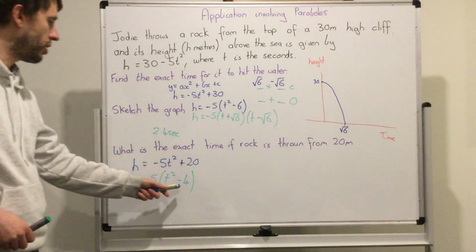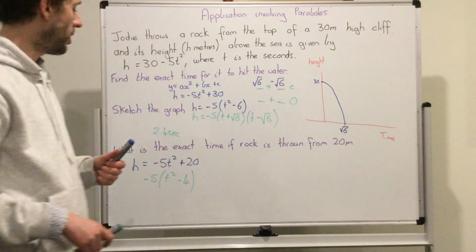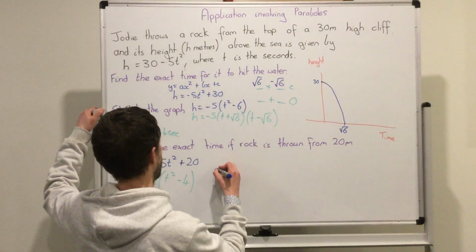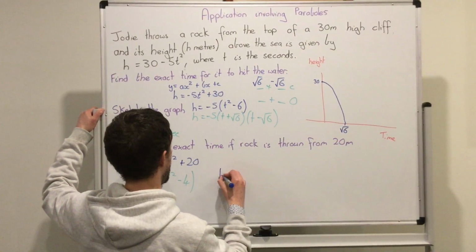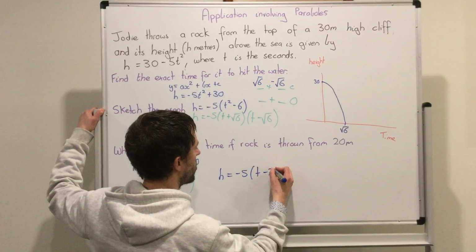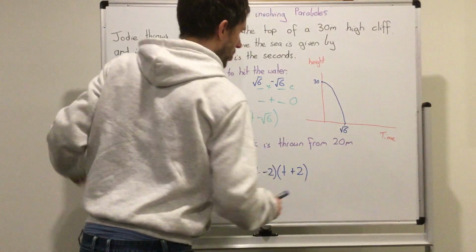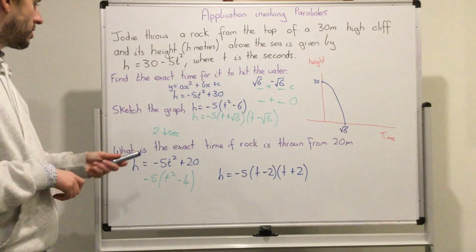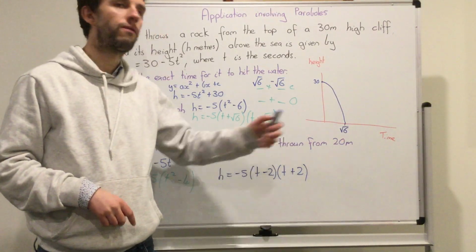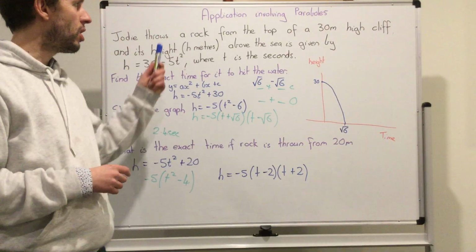Again, I think about two numbers that multiply to equal negative 4 and add up to equal 0, and that will be negative 2 and 2. So h equals negative 5 times t take 2, t plus 2. That also tells me that if the rock is thrown from 20 meters, it will hit the floor in 2 seconds. Really hope that helps you understand parabolas.